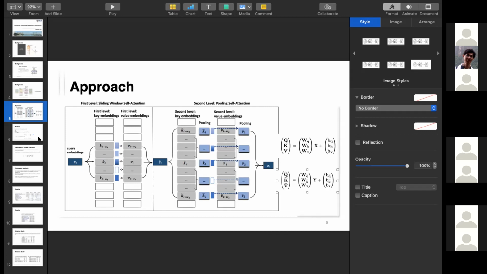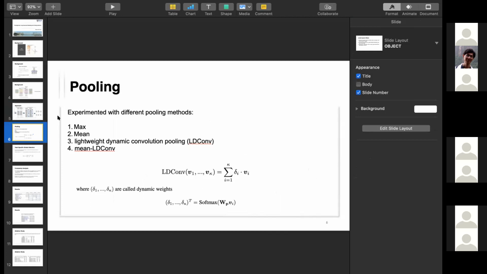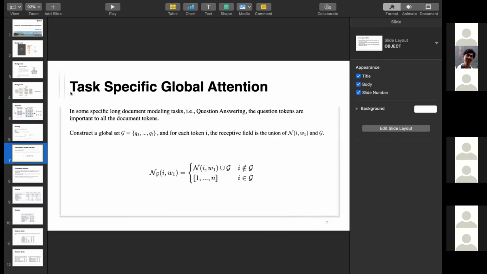Okay. So for the pooling method, the paper has experimented with different settings. They have tried max pooling, min pooling, and so on, so they have very sophisticated comparisons. And they also have task-specific global attention settings.